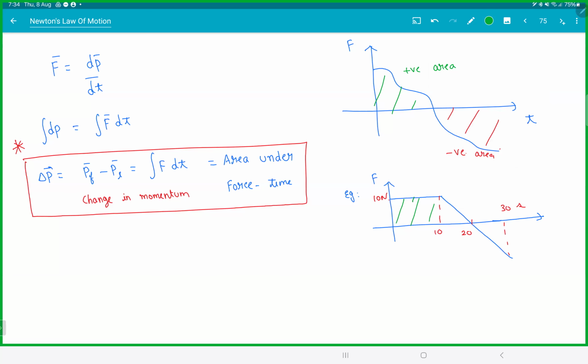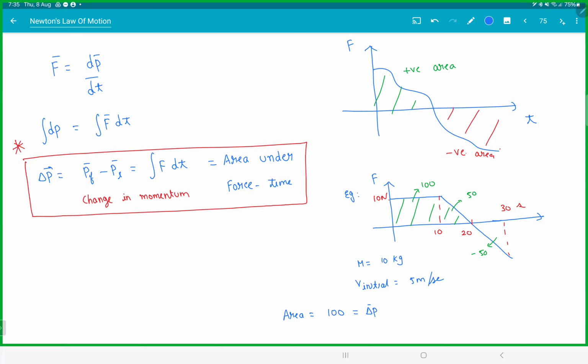This area would be 100, this area would be 50, and this area would be minus 50. And let's say mass is given as 10 kg, and initial velocity is 5 meters per second. So the area would be 100 plus 50 minus 50, that is 100.